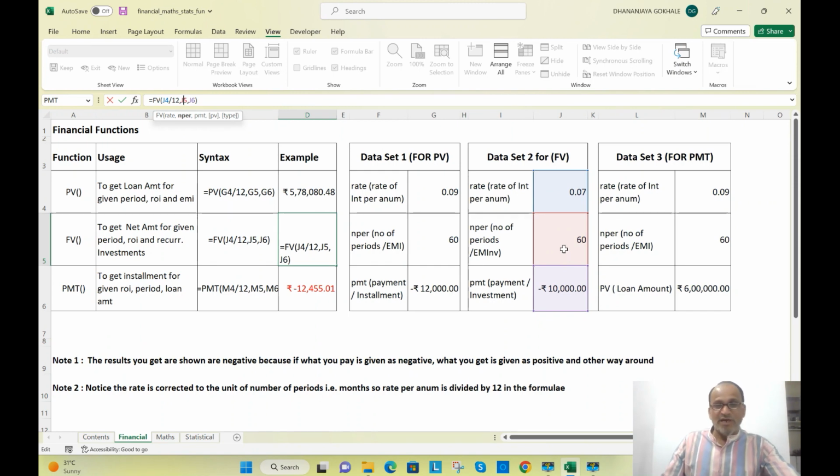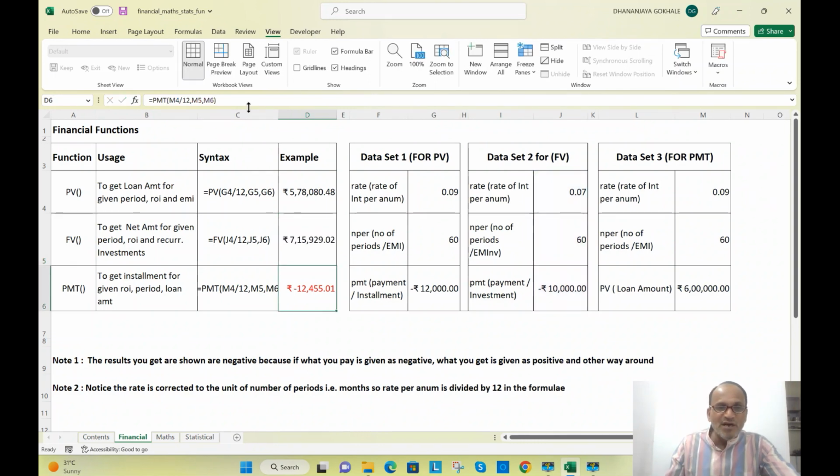That means the rate of interest is 7%, and you keep saving for a period of 60 months, and how much money you save is the payment you make. So you keep paying 10,000 every month. So how much money will you get at the end of the term, at the end of 60 months? That is what is known as future value, or FV.